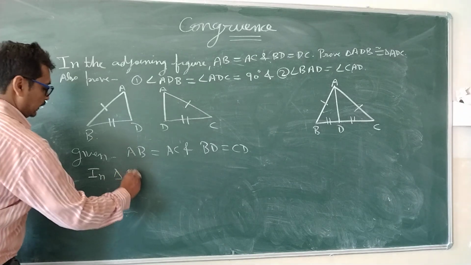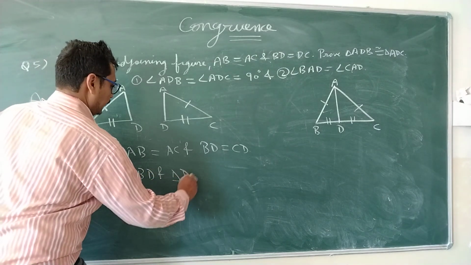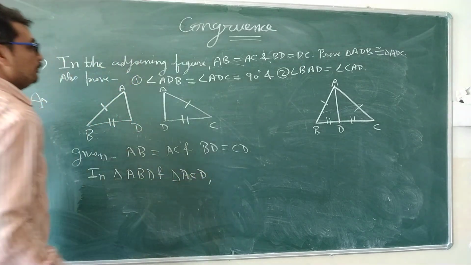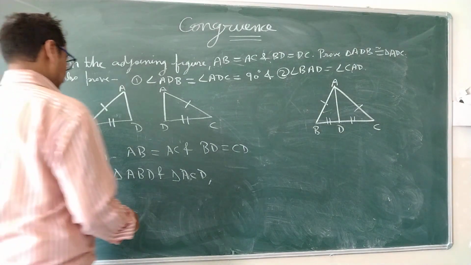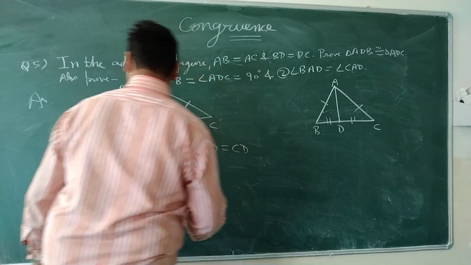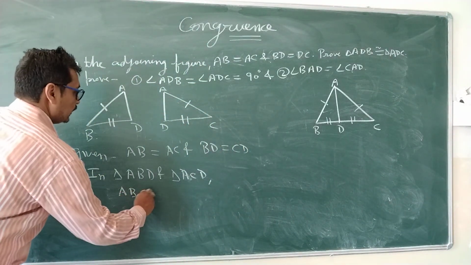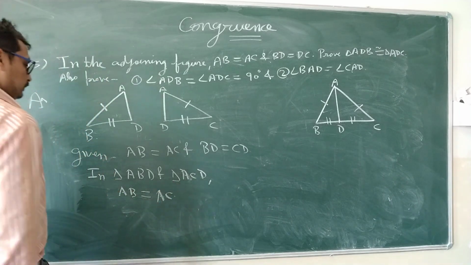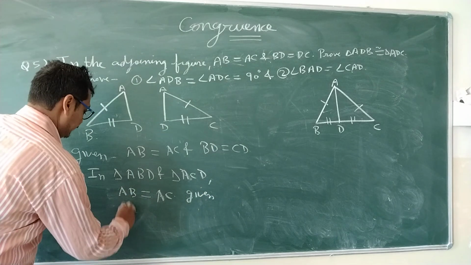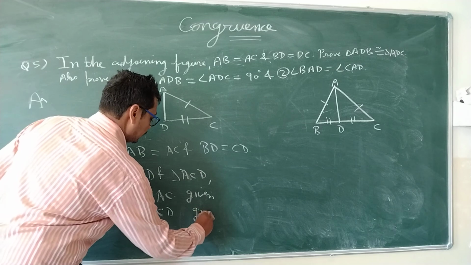In triangle ABD and triangle ACD, we are having AB is equal to AC, this is given. BD is equal to CD, this is also given.